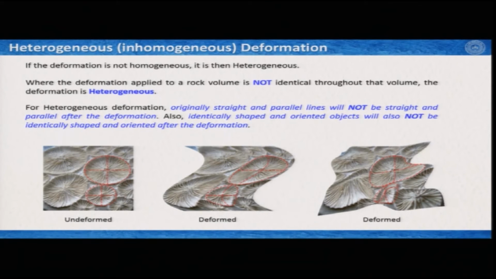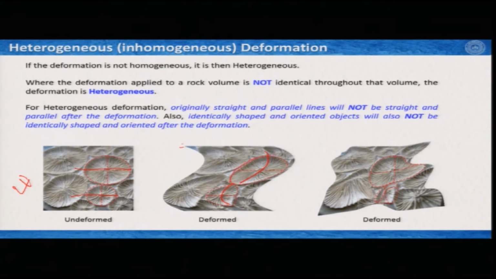And here is the example of heterogeneous deformation. So I have a very similar object, and using a computer simulation I deformed it in two different ways. What we see here, that apparently this geometry looks like it is probably going to give you a homogeneous deformation, but it is not. These two lines were parallel to each other, but in the deformation they are not parallel to each other.